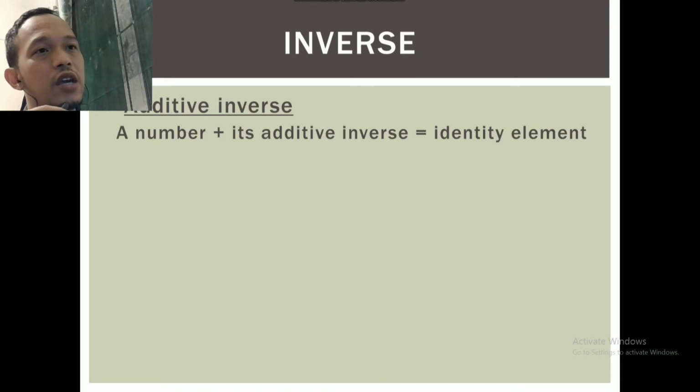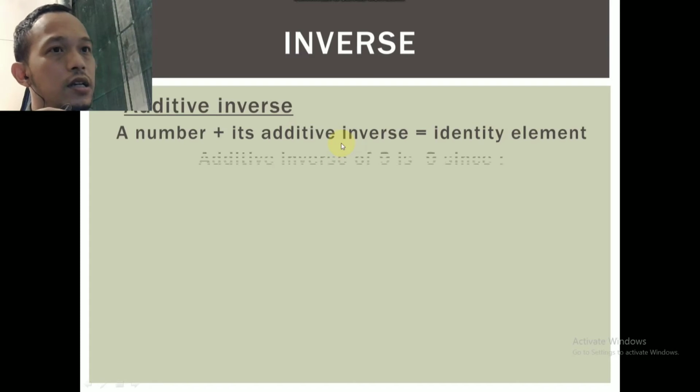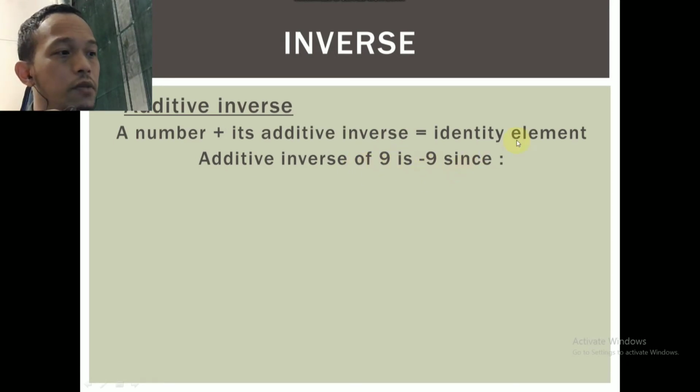So if a number is added to its additive inverse, the result must be zero. For example, the additive inverse of 9 is negative 9, because 9 plus negative 9 gives the identity element of addition, 0.